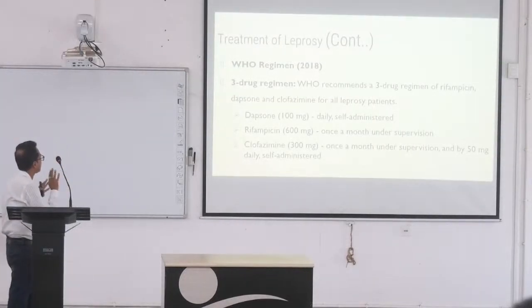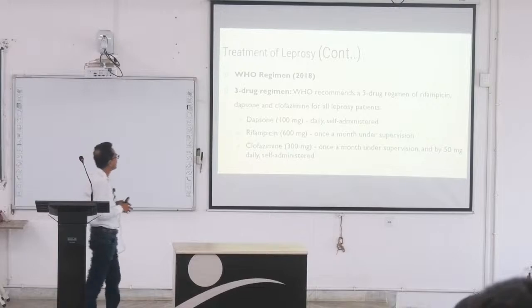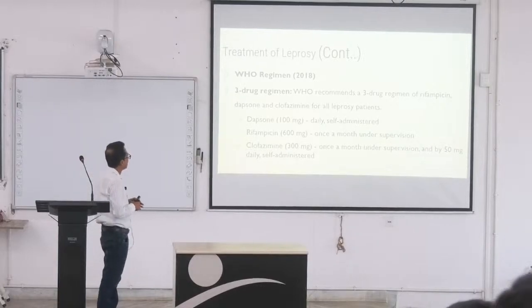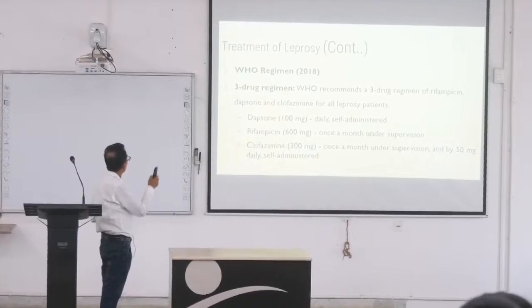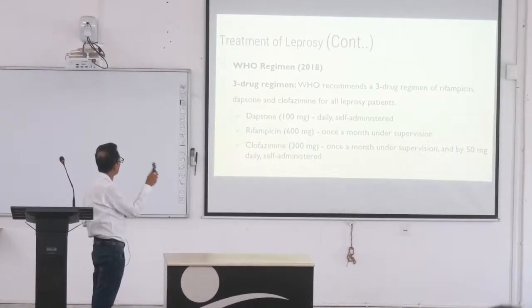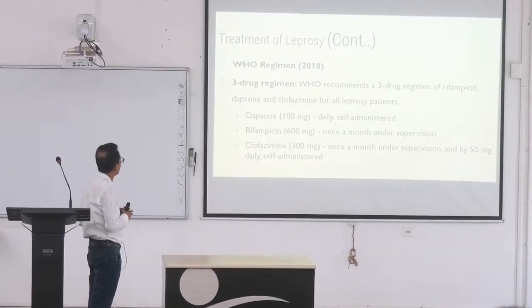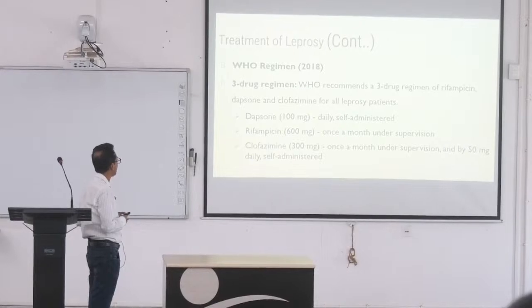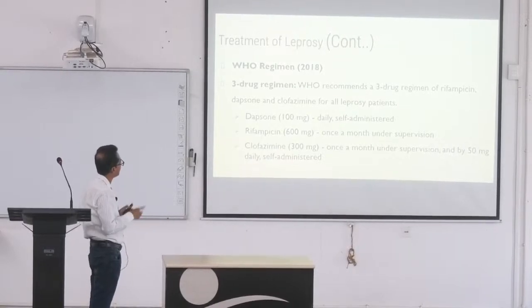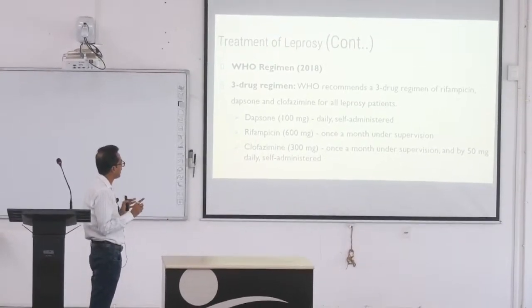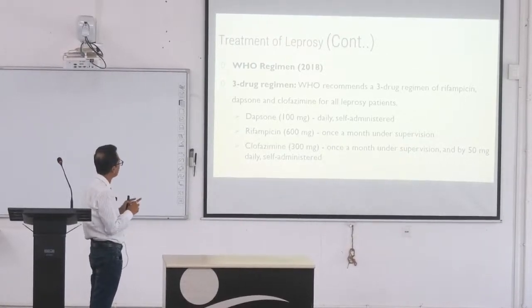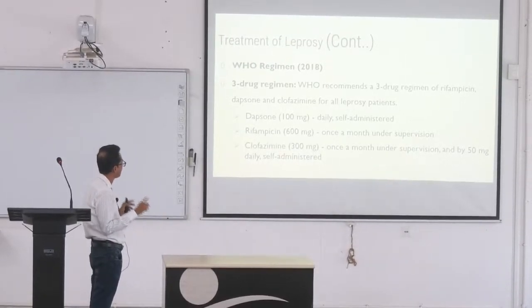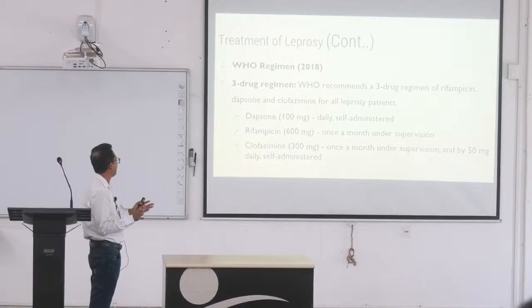Now this is the WHO regime. According to 2018, WHO always recommends a three-drug regime, dapsone, rifampicin and clofazimine, for all leprosy patients. Dapsone 100 mg daily, self-administered; rifampicin 600 mg once a month under supervision; clofazimine 300 mg once a month under supervision and 50 mg daily.